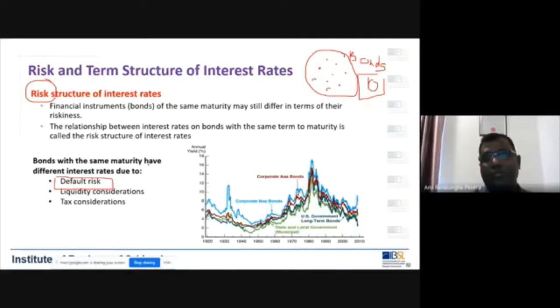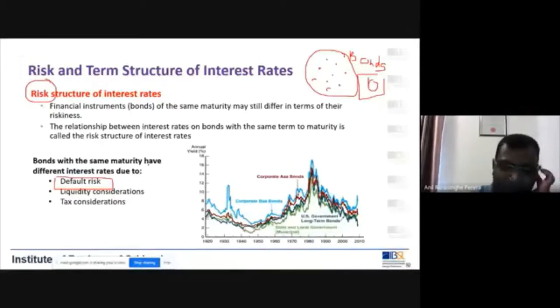So this default is the major cause of differences in interest rates. Very simply, if a particular investment is highly exposed to default risk, which means the borrower doesn't pay, then you charge a high interest rate. If you see a lower possibility of default, you charge a lower interest rate.